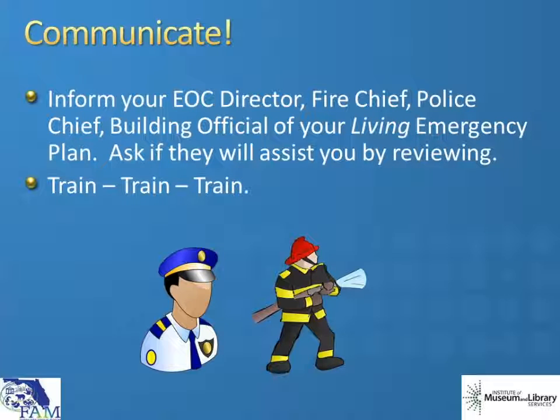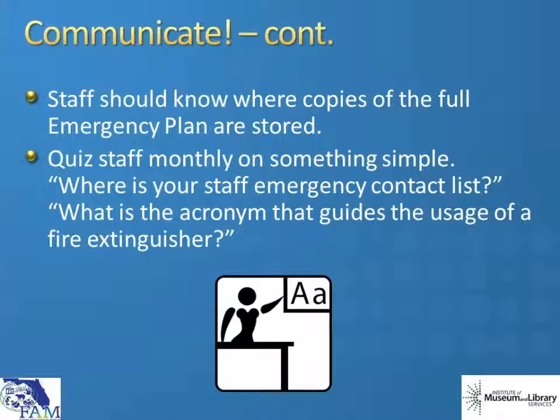So getting in touch with your directors, your emergency folks, your building officials will enhance your emergency plan. And ask if they will assist you by reviewing the sections that are pertinent to them. Staff should know where copies of the full emergency plan are stored. And here's a couple of questions. Where is your staff emergency contact list?